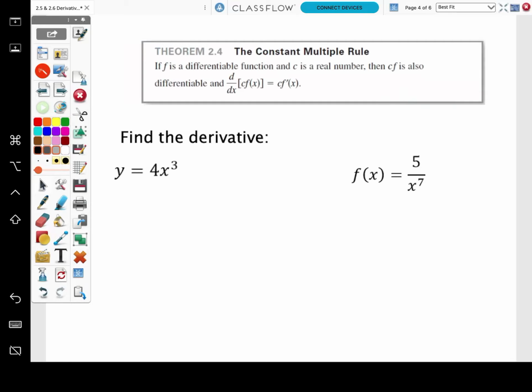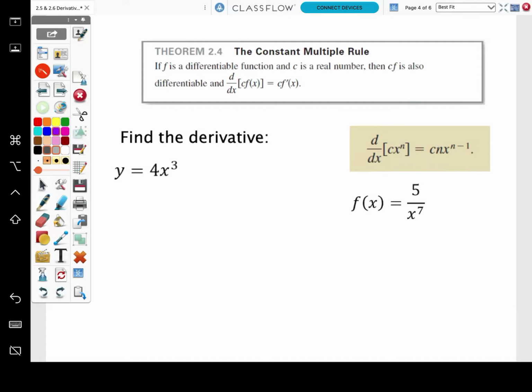You just leave 4 and differentiate the power function part of it. Alternatively, we have this rule over here that says you can bring the power down front, multiply it by the coefficient. Both work just fine.